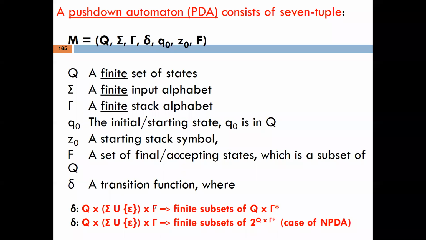Tau is the stack symbol that we have to read from the stack, and after this we are reaching a new state, and tau asterisk means any combination, means stack के अंदर हम कुछ भी पुश कर सकते हैं, but pop करते टाइम पे क्या था? We can pop out only a single alphabet from the stack. That's why we are writing tau here, and here we can use tau asterisk. We can push any number of symbols. So this is the simple representation of the transition function.